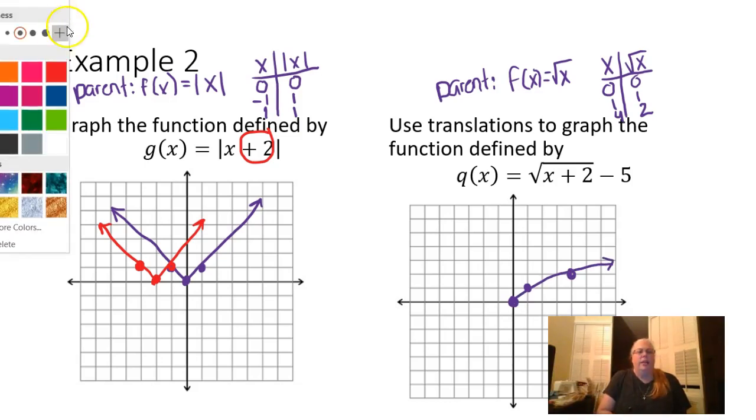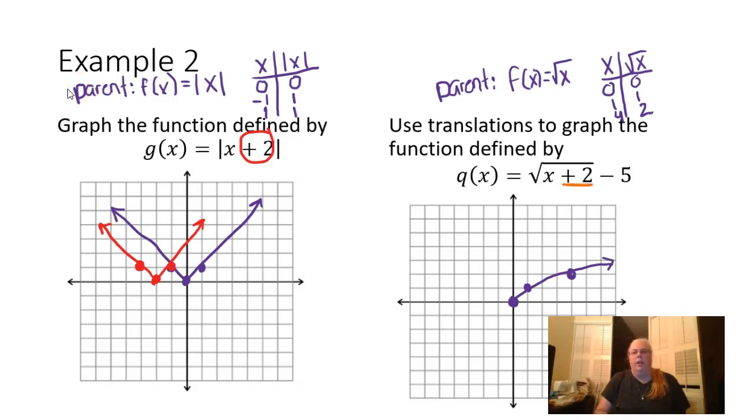Now this function actually has two translations on it. This 2 right here being grouped with the x is going to move everything to the left 2. And then this 5 is going to move everything down. So I'm going to take each one of these points and move them left 2 and then down 5. This point's going to go left 2 and down 5 to right here.